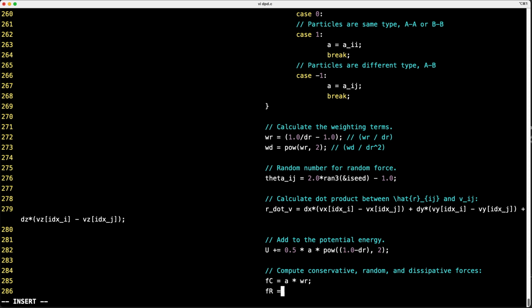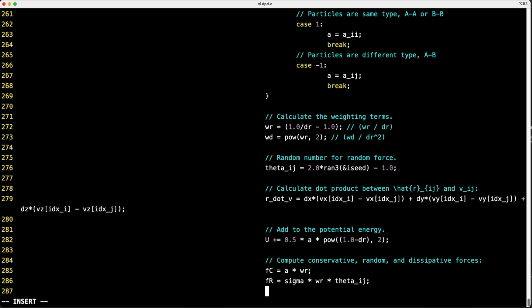The random force is going to be sigma times the strength of the random force times theta ij. And the dissipative force is going to be minus gamma 1. Remember, we had to put the gamma there because the gamma is taken by the gamma function. Times the strength of the dissipative force times r dot v.